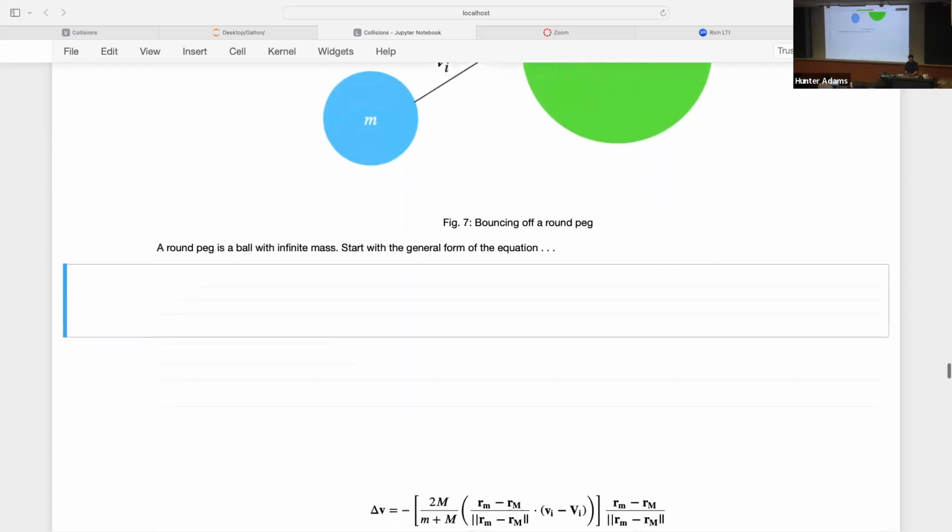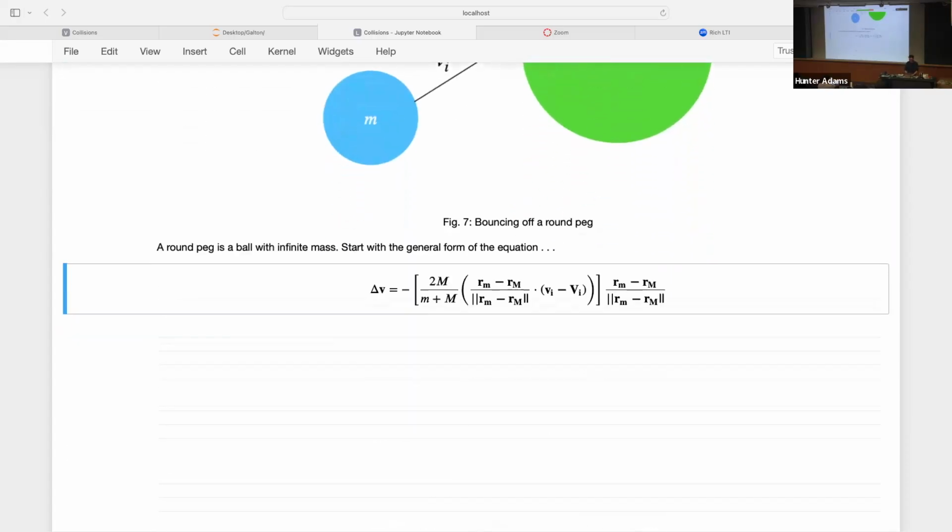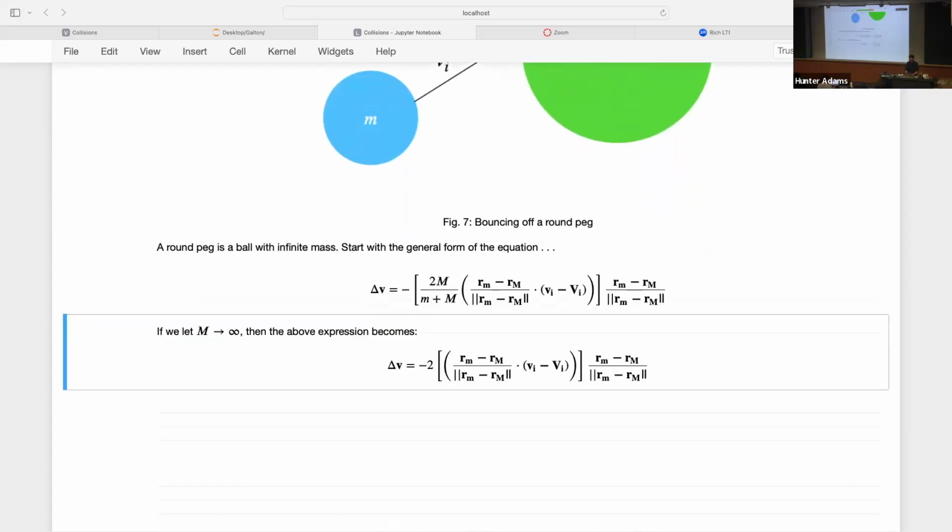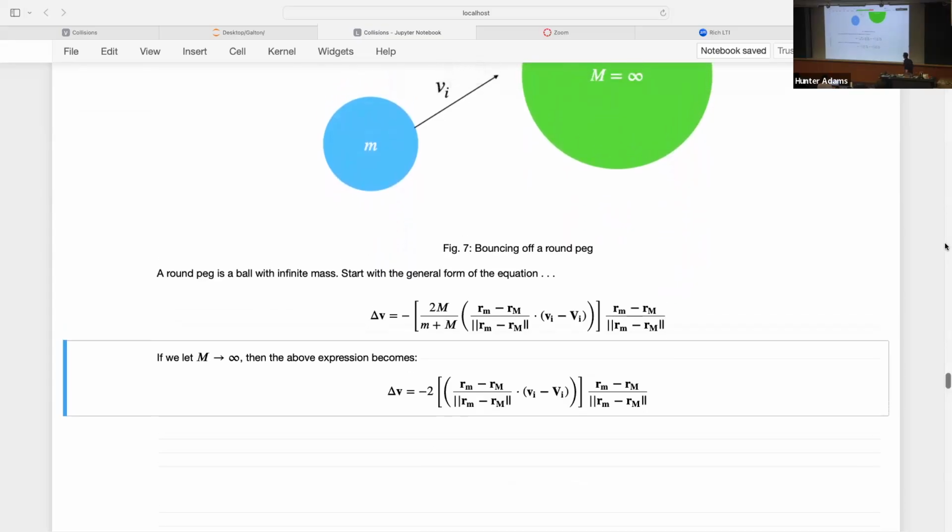So here's our most general form of the equation, and then we say, let's let M go to infinity. When M goes to infinity, just like we saw previously, this term becomes 2. That's the limit of that fraction as big M goes to infinity.